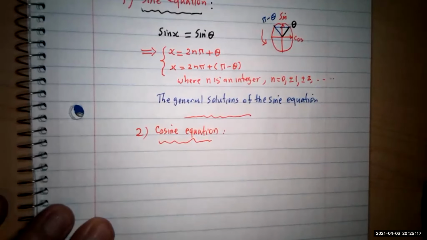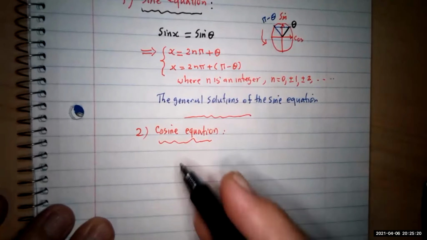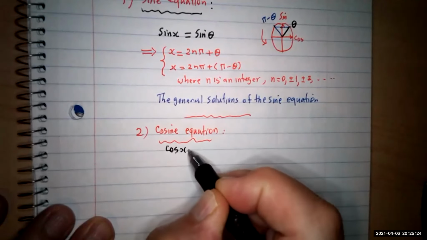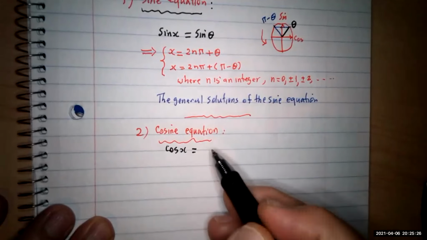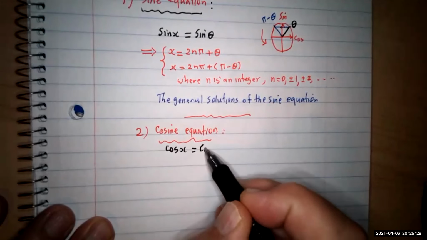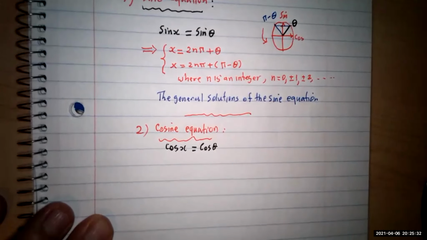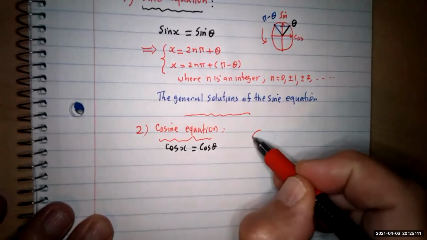So if we have cosine x equal to cosine of theta, now let's see what solution we're going to have. One of the solutions would be x equal to theta, okay?